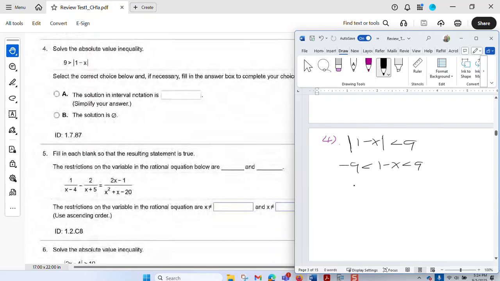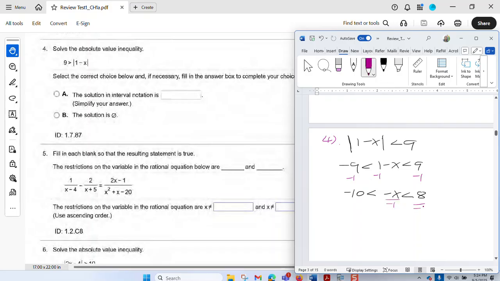And how do I solve this one right here? I will get rid of 1 first. So I subtract 1 from all of them, right? If I subtract 1 from all of them, this one cancels out. So this will be negative x less than 9 minus 1, which is 8. Negative 9 minus 1 will be negative 10, right? Now I have to divide everything by negative 1, okay?